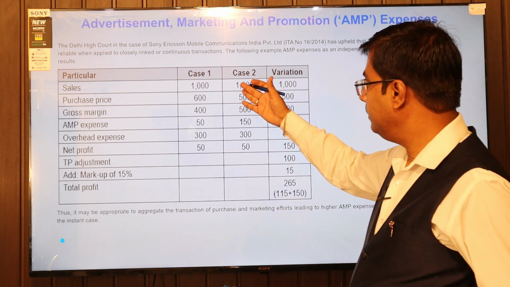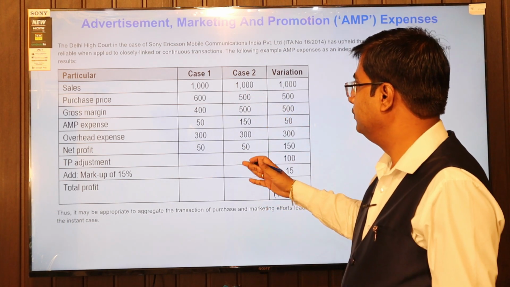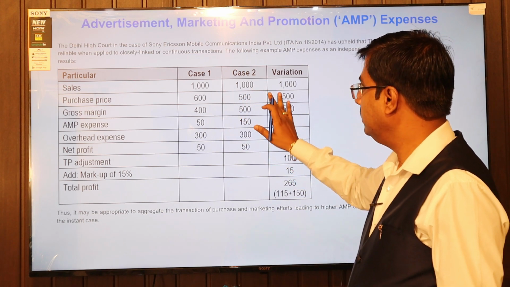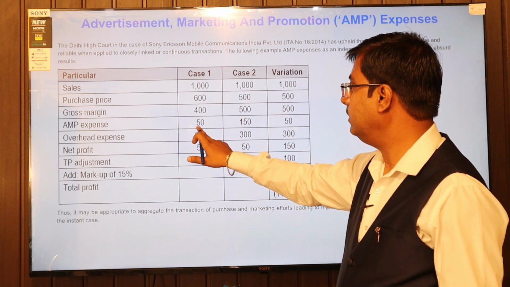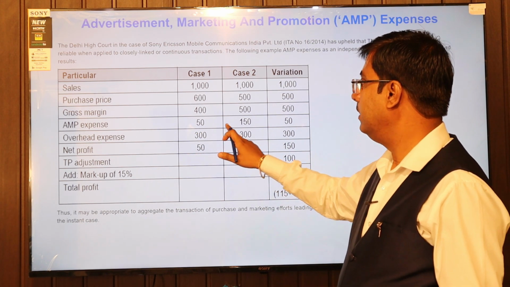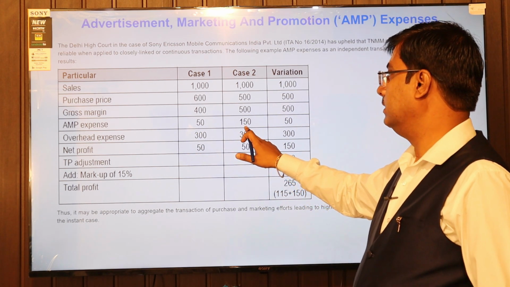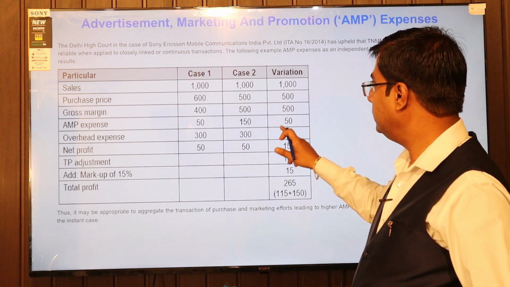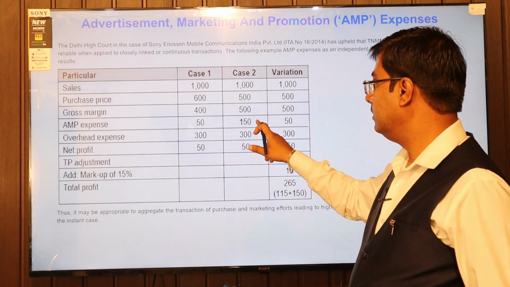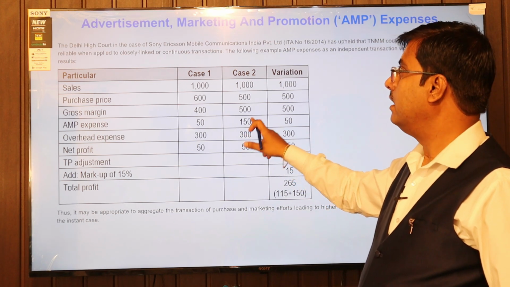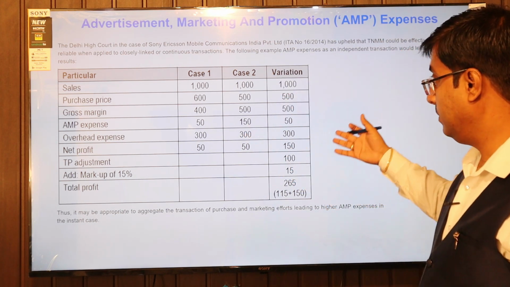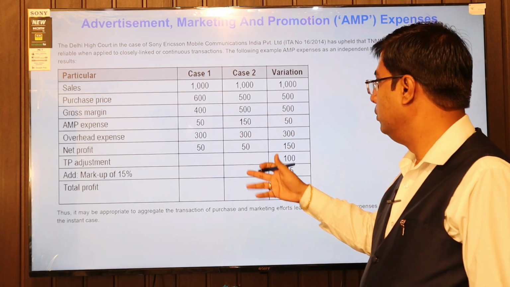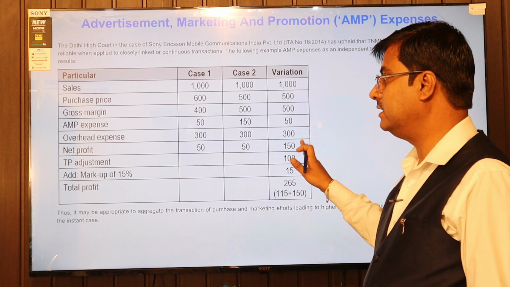I have given case 1 and case 2. Your sales is 1000, but in case 1 AMP expense is 50, and in the second case it is 150. What does the department say? They say that since your AMP expenses, that is advertisement, marketing and promotion expenses, in the second scenario are higher than in a normal scenario, 100 should be your TP adjustment.